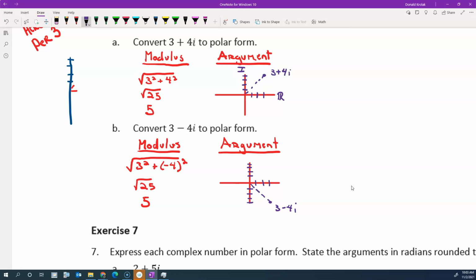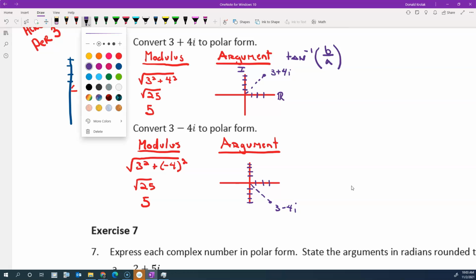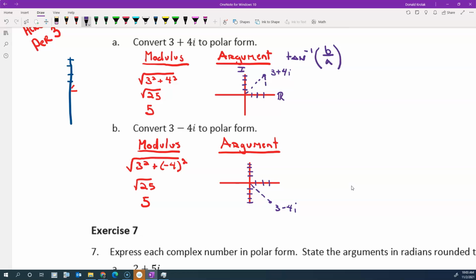Okay? All right, so to get the first one, you're doing the arc tangent. So to get the argument, you're going to do the inverse, or you hear me say the word arc, it's the same thing. And it's going to be the B over A. Now just the reason why is the angle that we're looking for is this angle right here.